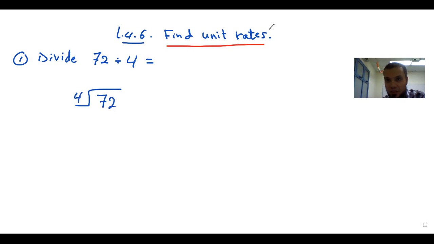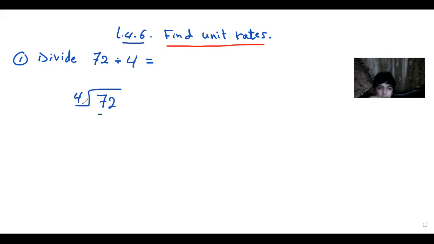How can I divide? Do you remember? We start at the left with 7. Let's see, 4, 8. But we can't subtract 8 from 7, so we're going to take 4.